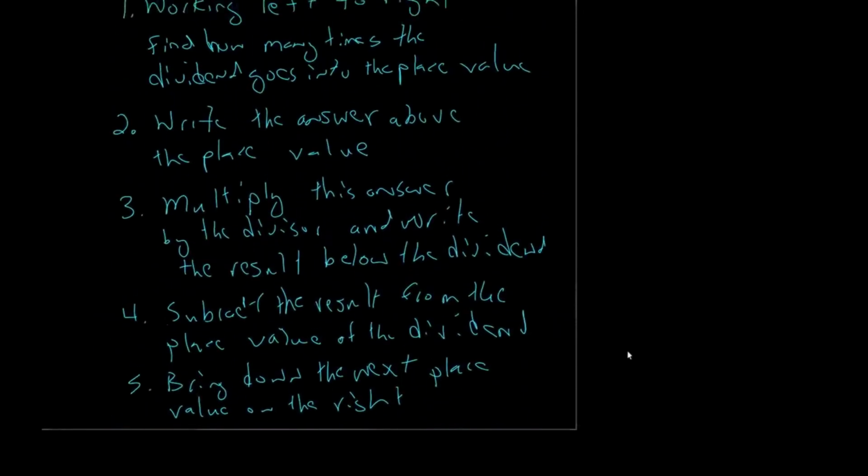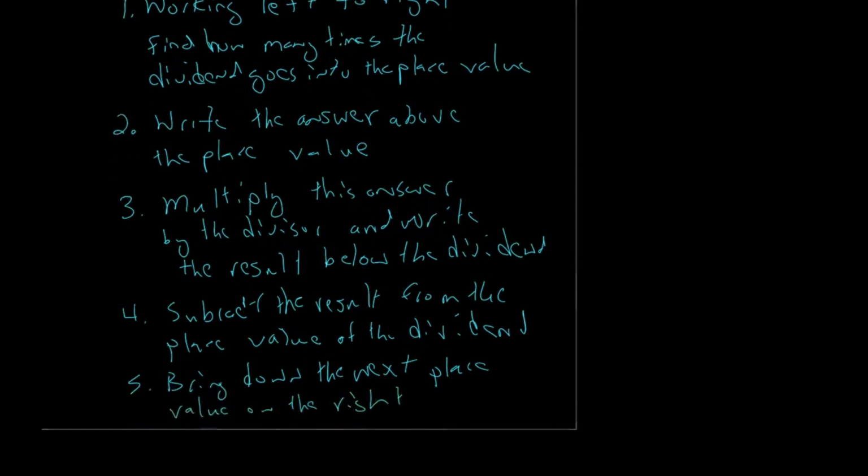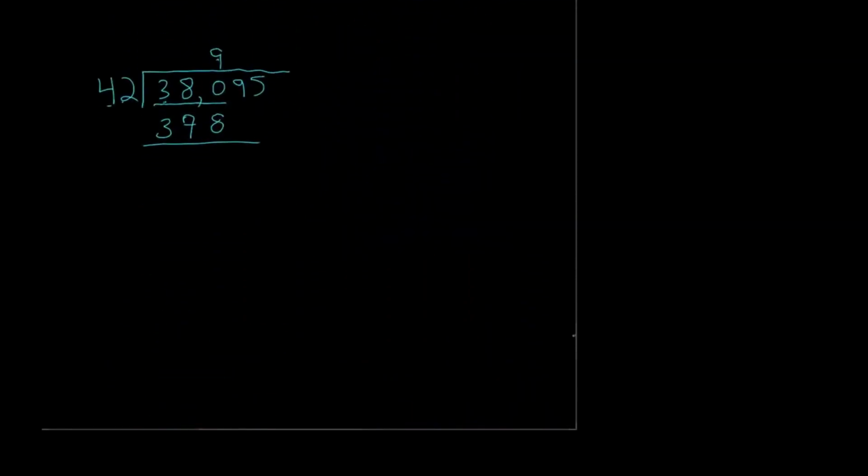All right. So working left to right, find how many times the dividend goes into the place value. Write the answer above. Multiply and write it below. Those I did. Now I'm going to subtract and then bring down the next place. So I'm going to subtract 8 from 0.